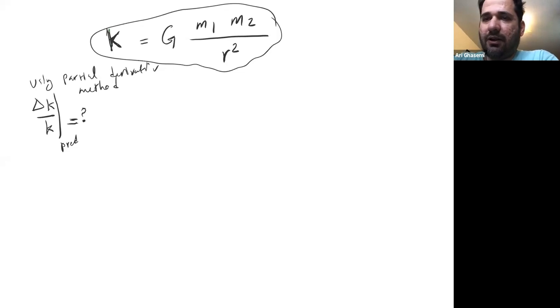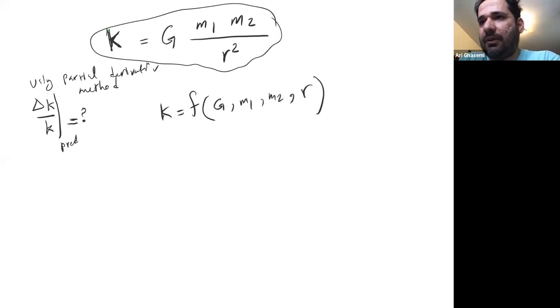So here, I want to solve it myself. I write K is equal to a function of, how many variables do I have here? 4 variables: G, M1, M2, and R. These are the 4 variables involved in this problem. So if I want to find delta K, the differential of that K, I use the same formula from vector calculus.